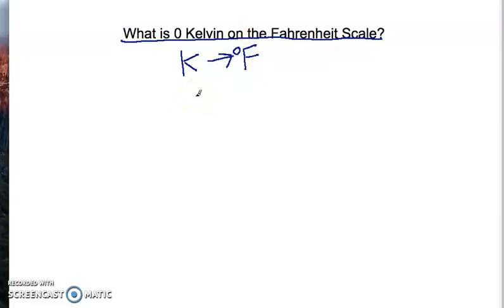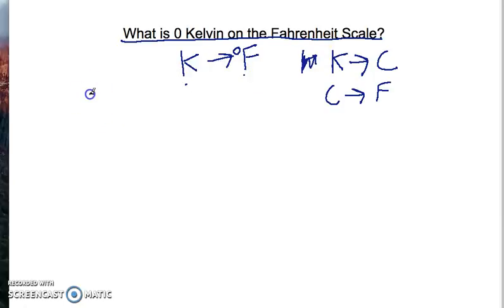To do that, we're going to have to use the equations to convert. There's one equation that will get you from Kelvin to Celsius, and then there's another one that will get you from Celsius to Fahrenheit. We're going to do these in order. We're going to go from Kelvin to Celsius first.